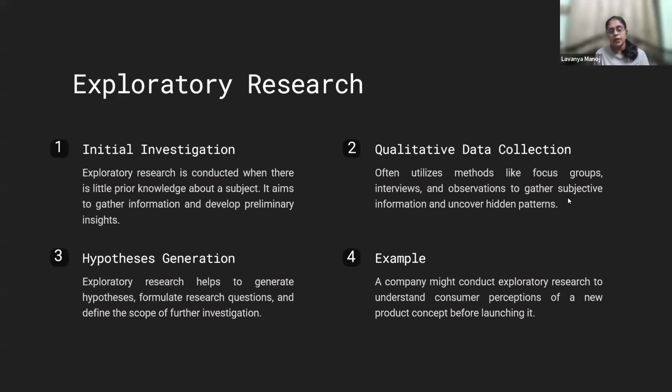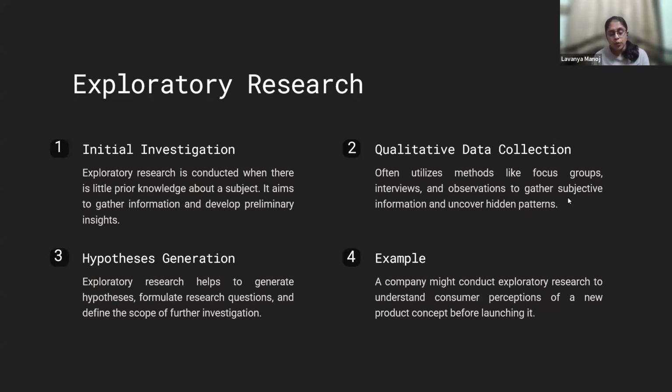And then we have exploratory research. An initial investigation is conducted when there is little prior knowledge about a subject. It aims to gather information and develop preliminary insights. So you already have a little knowledge about it, and now you are going to gather more information and develop preliminary insights.